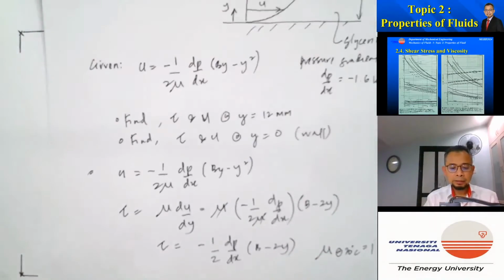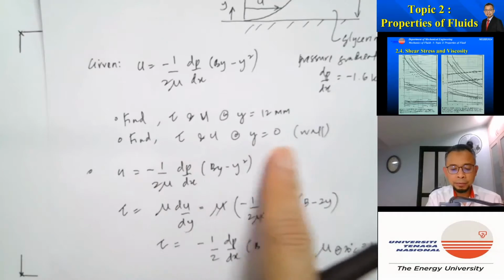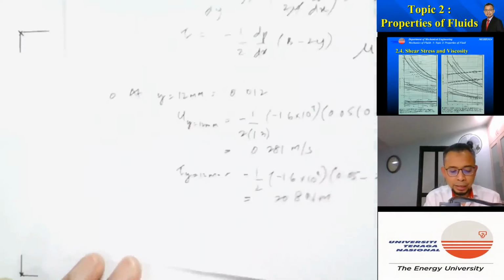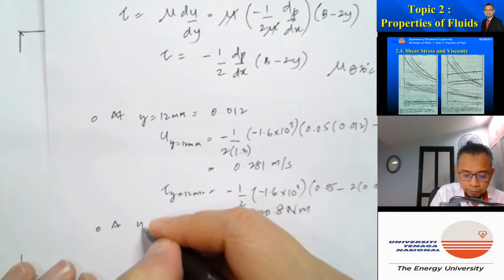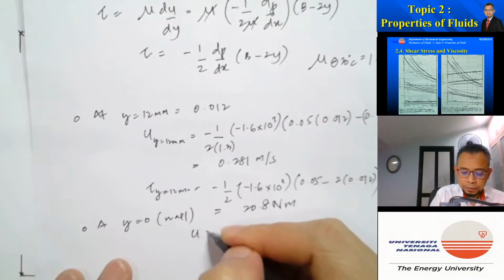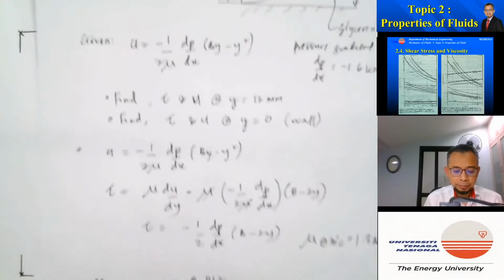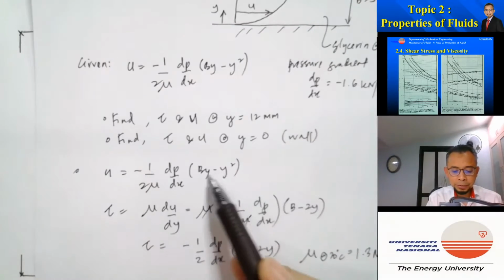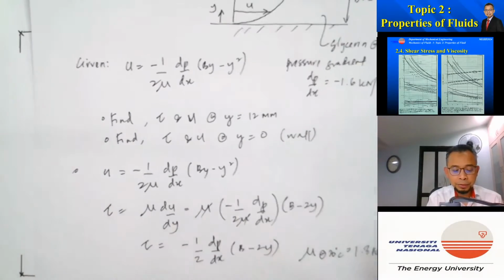Next you are asked to find the value at y equal to 0, at the wall itself. Straightforward, u is equal to 0. Here y equal to 0, so u is equal to 0.